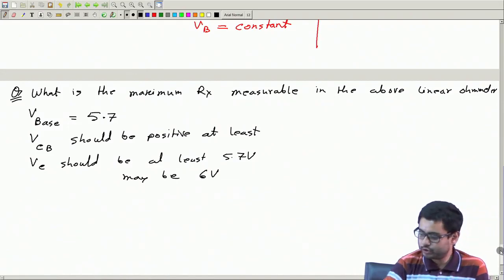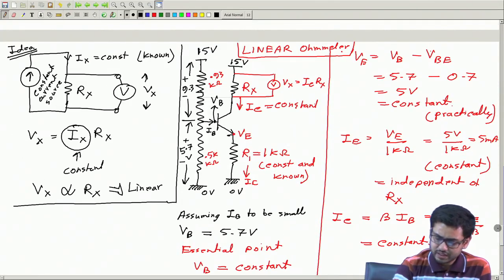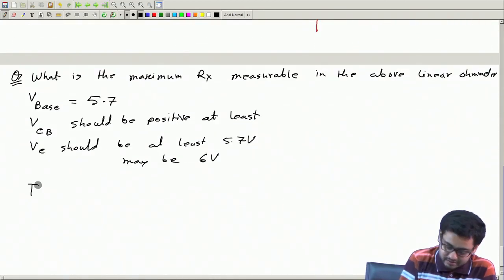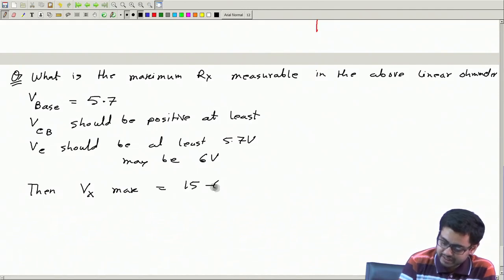If so, then the maximum voltage drop that I can allow across Rx, Vx max, is 15 minus 6, which is 9 volt.